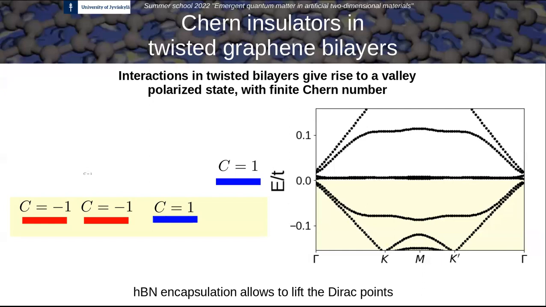In principle, no. You don't have degrees of freedom left, let's say, to break this spontaneously, because this breaking here is breaking of valley symmetry. So you can either break valley symmetry or break inversion symmetry, but not both of them.